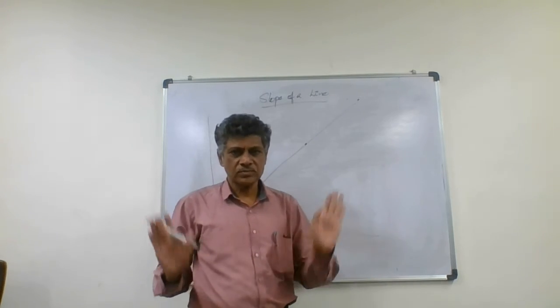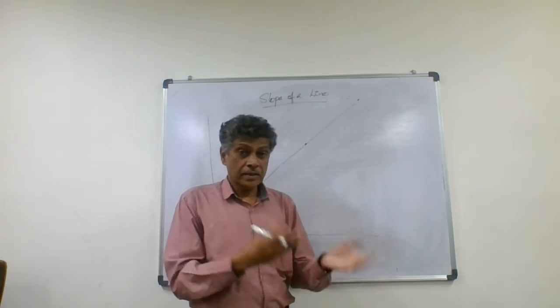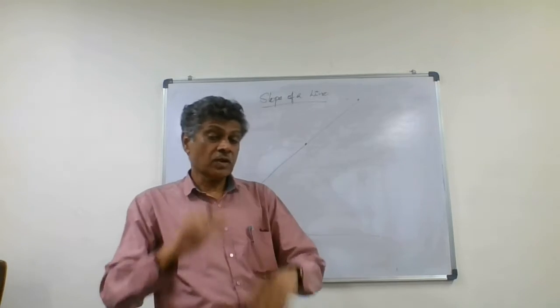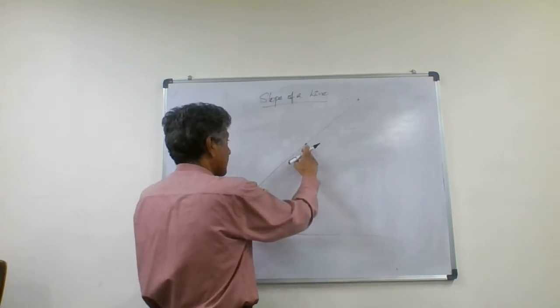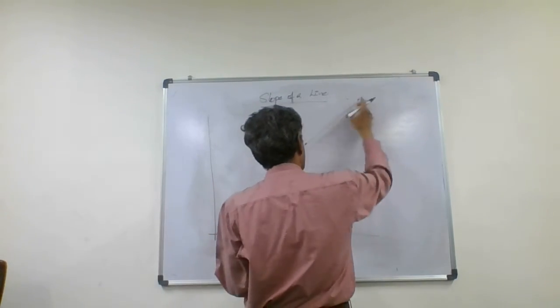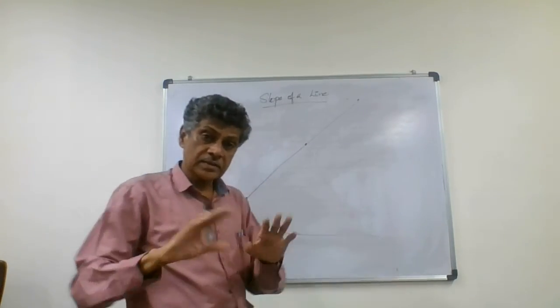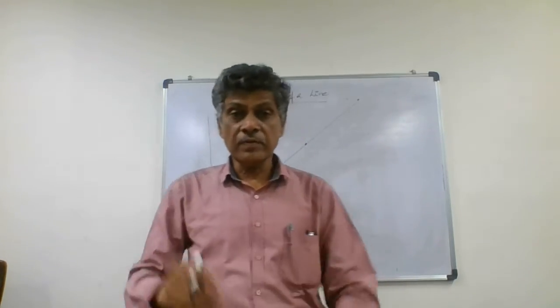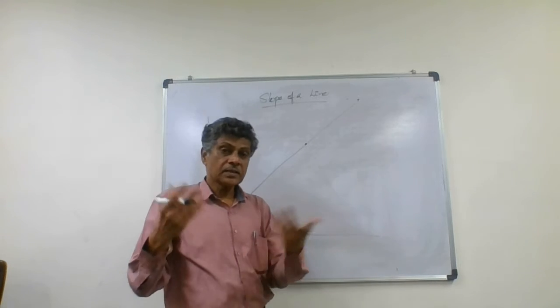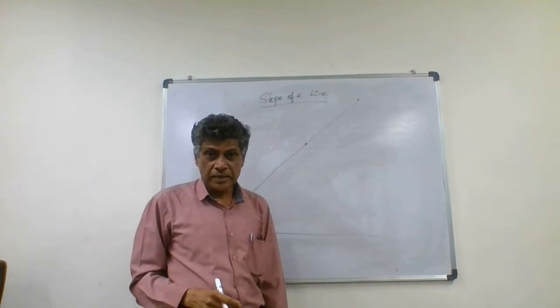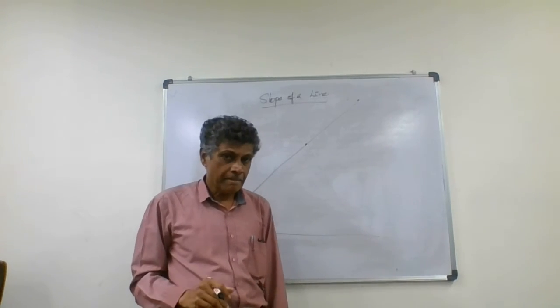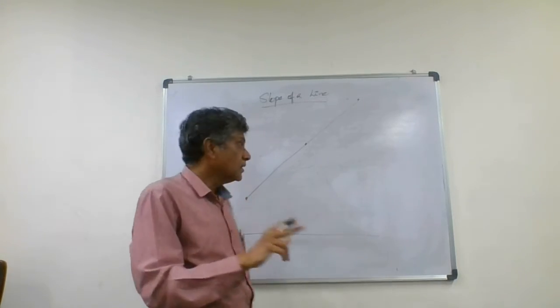How do you find out? Yesterday, in the previous class, we discussed one way. That is, find out the length of AB, length of BC, and the length of AC. If the length of AC is exactly equal to the sum of length of AB plus BC, then it is a collinear straight line. Now we do it in another way.